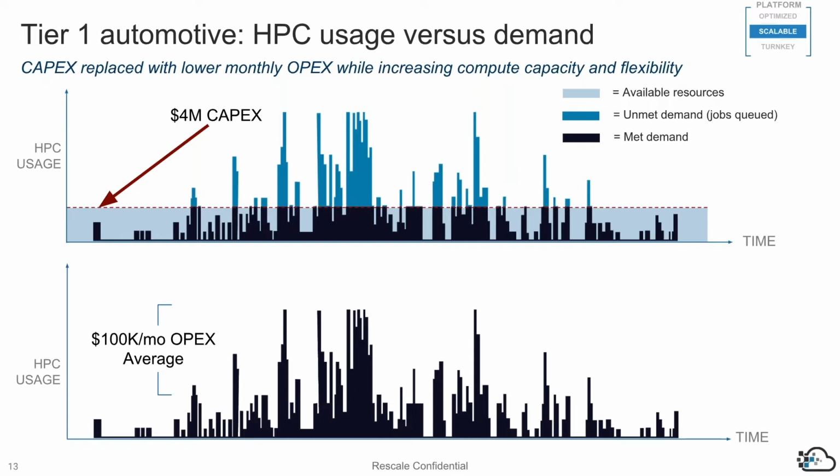Now, if they go for a $4 million system, you can see that utilization will be high, but there will be points in time where they will have periods of unmet demand and jobs will be queued. Rescale breaks this paradigm and offers users access to run their jobs when they need it and to only pay when they're running jobs.